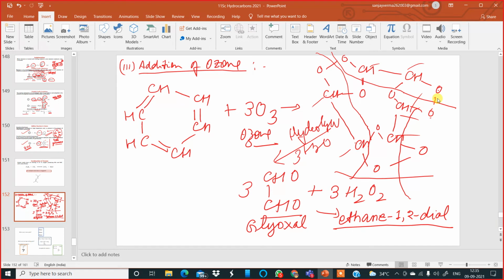So remember the intermediate which is formed. It is an ozonide. It is called benzene triozonide. So there is a question hidden over here for multiple choice also.